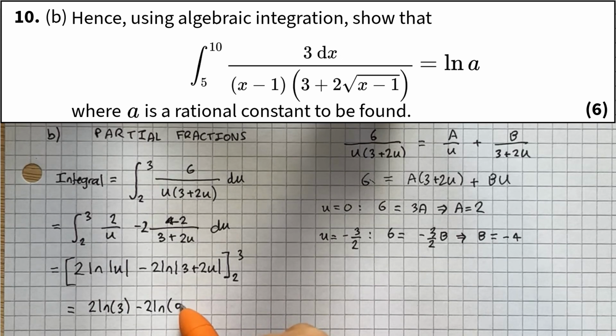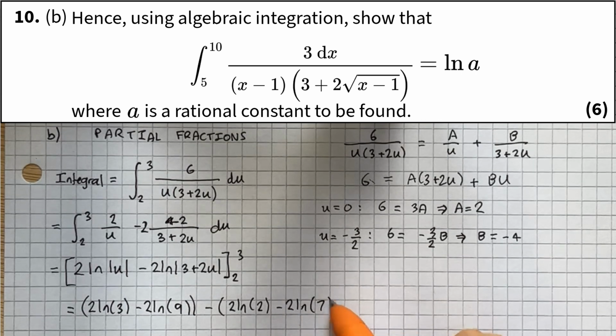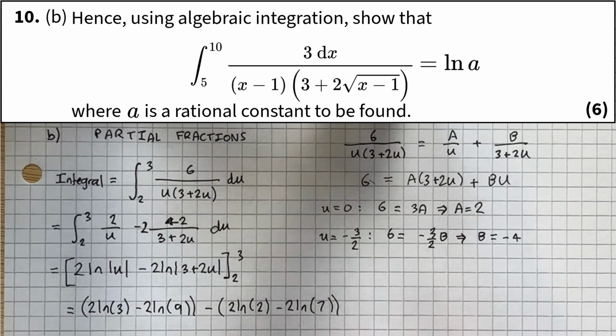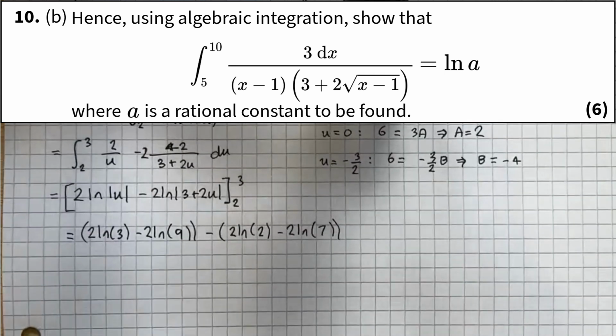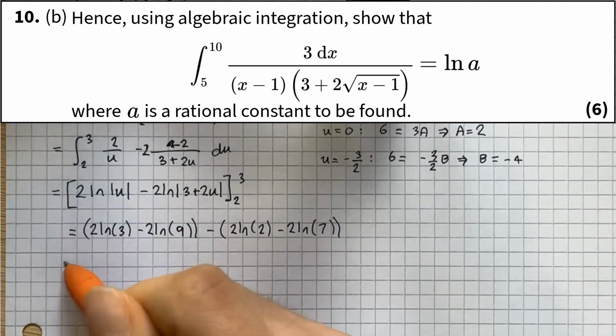We're just subbing in the limits now. 2 log 3 minus 2 log 9, and then subtract all of 2 log 2 minus 2 log 7, like this. If we make a bit more room, we'll be able to simplify this answer.